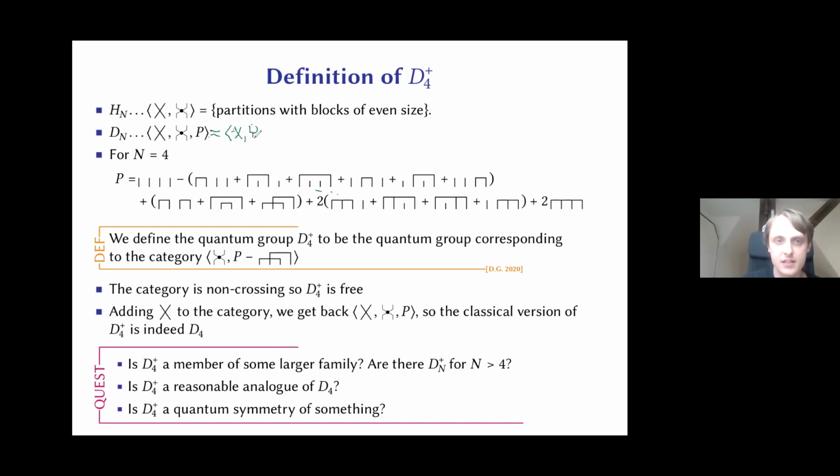Now I have the 4 partition, and now I have P minus crossing. And the important point here is that I have this equality, and now I can say, let's remove this crossing, and then everything is already non-crossing, and I have a free version of my quantum group. But I cannot do such a thing for large n, because then I could not just subtract the crossing from P without changing the category.